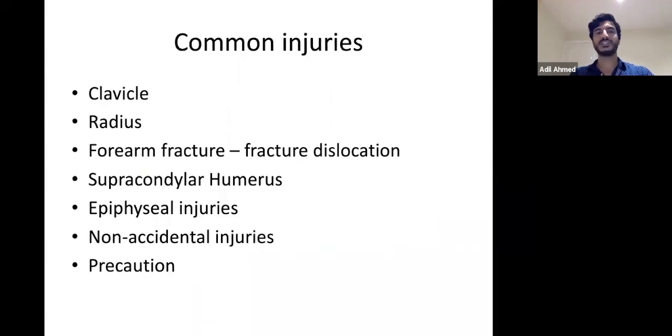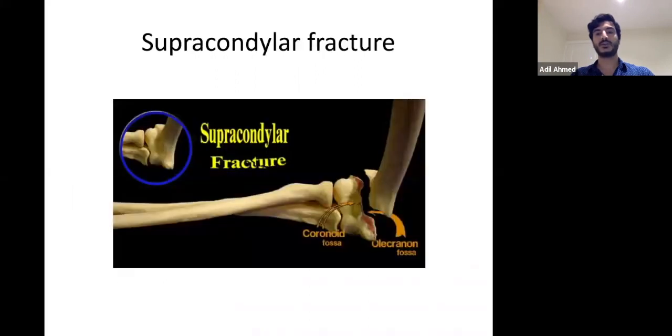So common injuries which you've probably come across are clavicles, radius, forearm fractures, supracondylar fractures, epiphyseal injuries, non-accidental injuries, which we will talk about as well. But if we look at one of the most common types here, supracondylar fractures of the distal humerus, you've probably seen loads, or you will see loads in A&E.